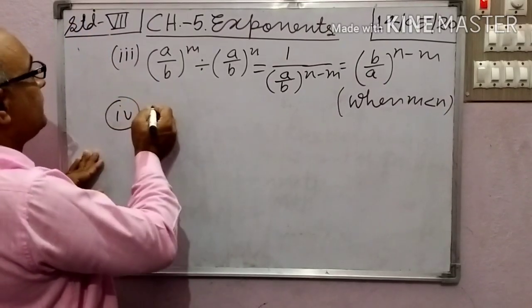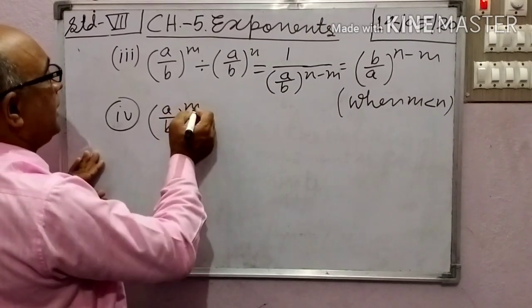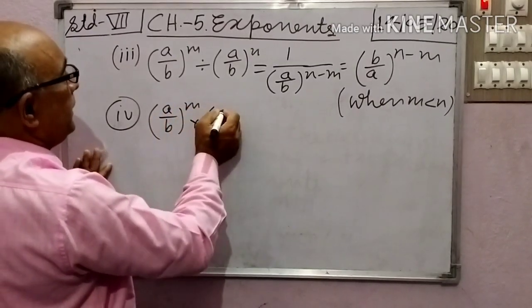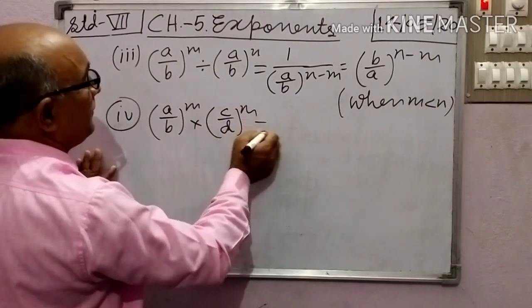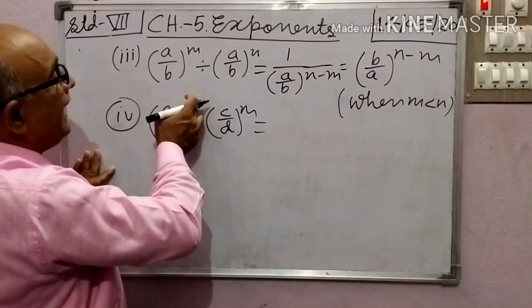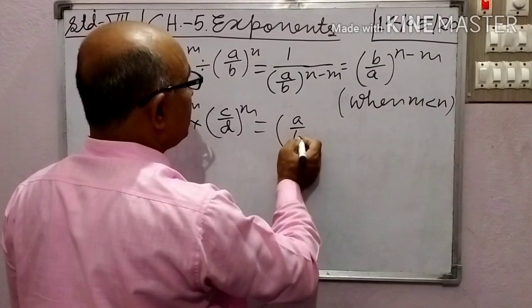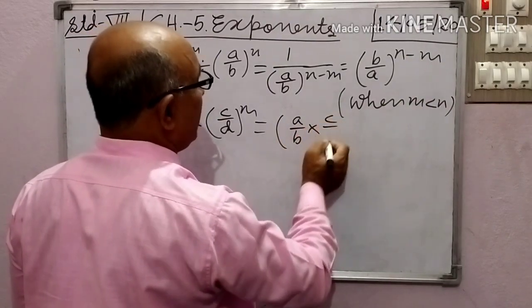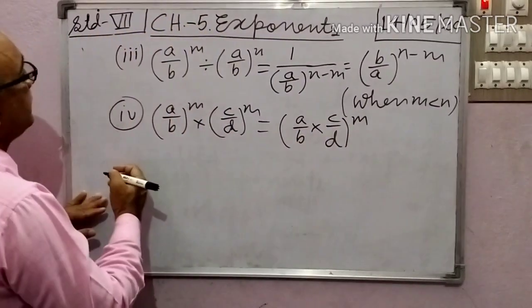Law number 4: (a/b) to the power m into (c/d) to the power m. Here the bases are different and the exponents are the same. So (a/b) into (c/d), whole to the power m.